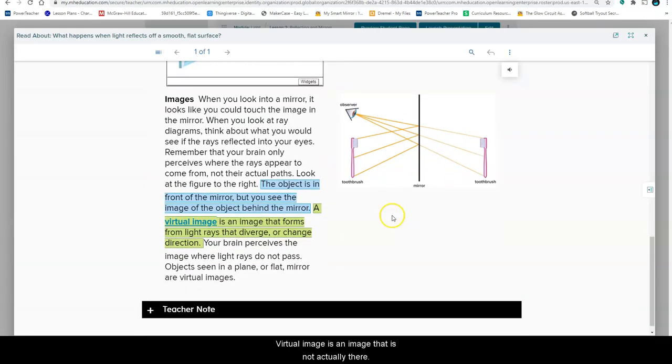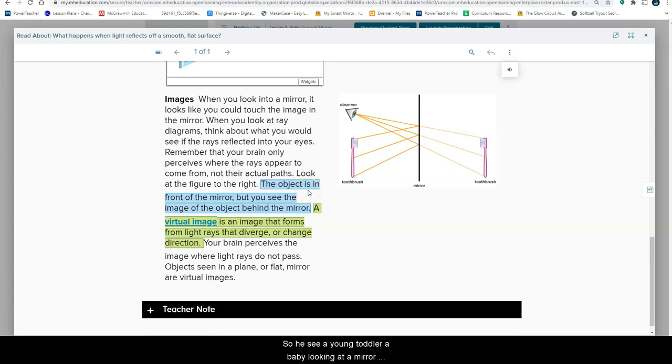A virtual image is an image that is not actually there. It is an image that forms from light rays that change direction. And the image usually appears to be behind the mirror.